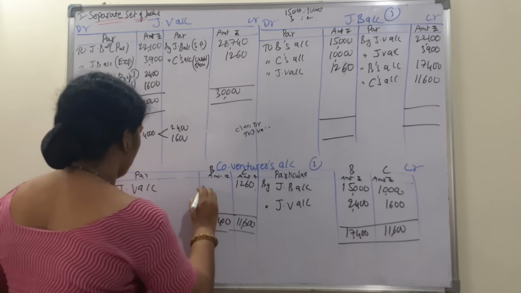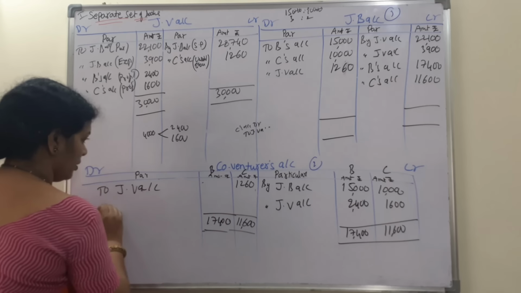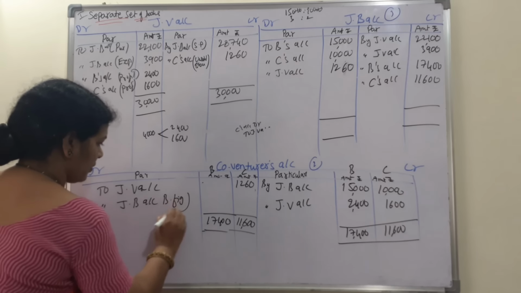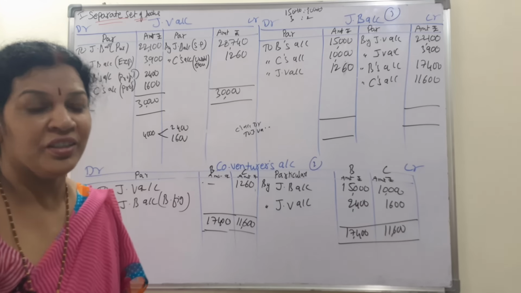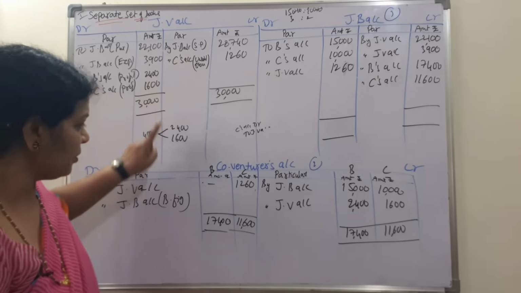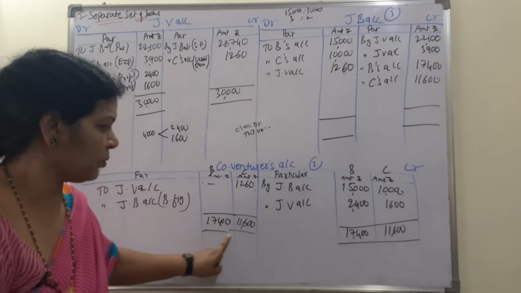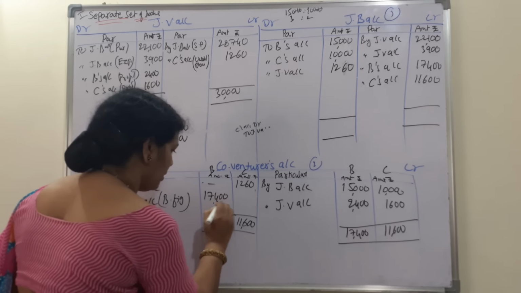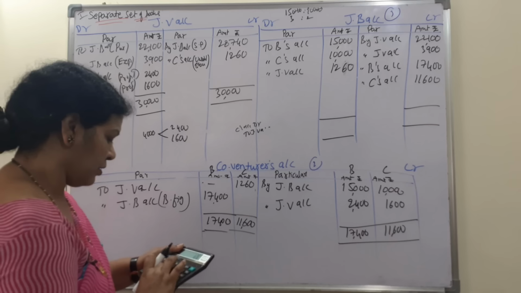17,400. Now we'll be getting the joint bank account balancing figure. This amount we forgot to transfer. Are you getting it? C is on the joint venture account credit side. Credit side to debit side we forgot to transfer. Now transferred. If you see, debit side is 17,400, 11,600 minus 1260.